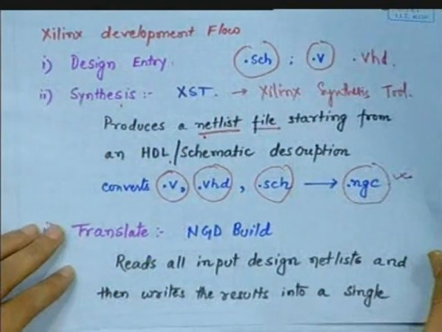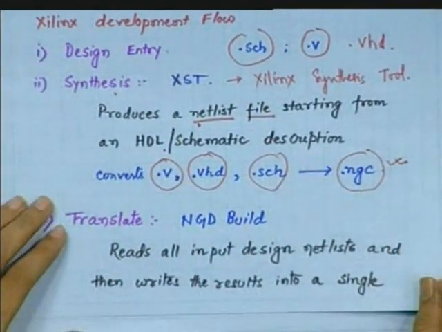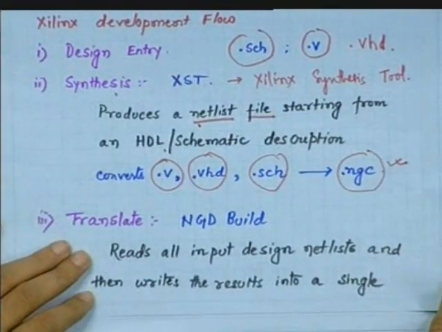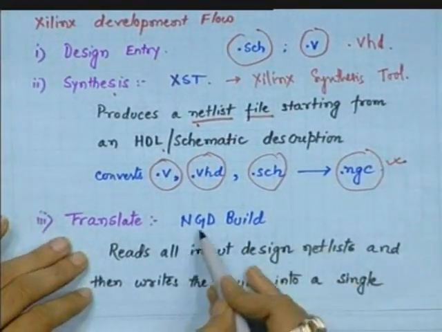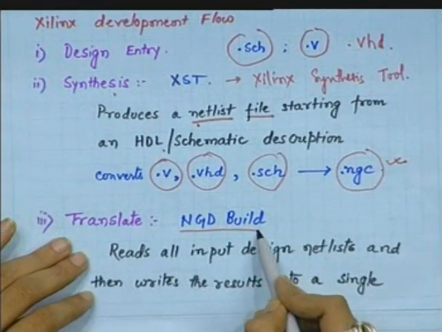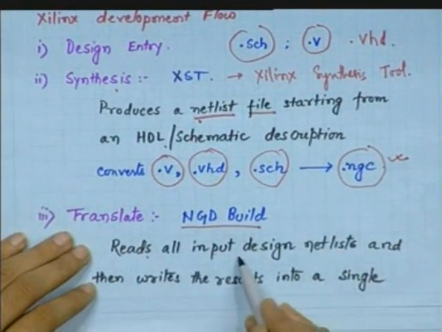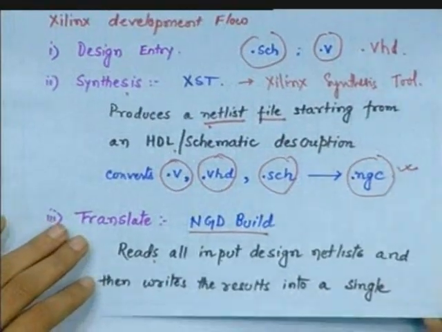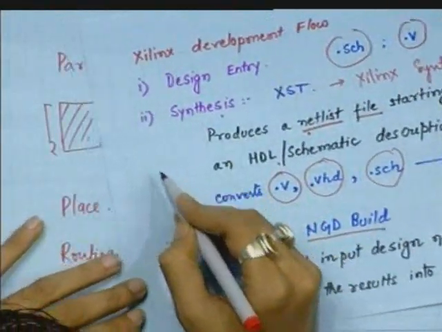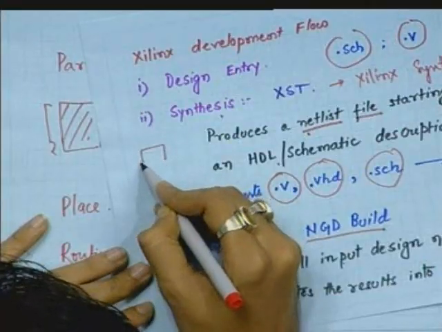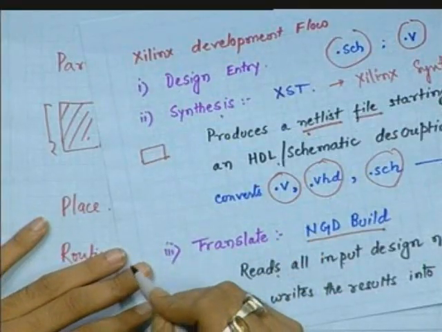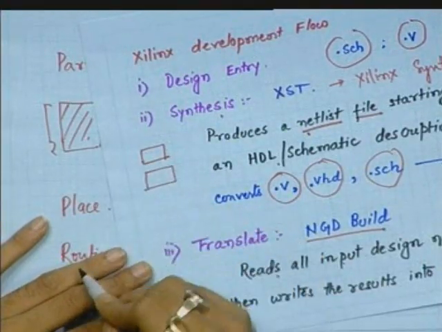Clear? After synthesis, we go for translate. Translate is done by a tool called NGDBuild. It reads all the input design netlists. Suppose you have designed a mux somewhere, and you have designed an adder.